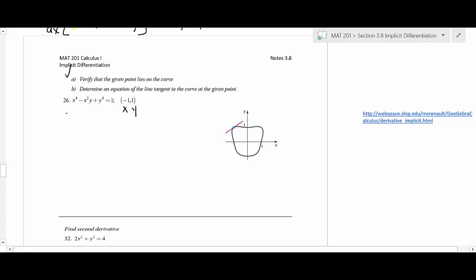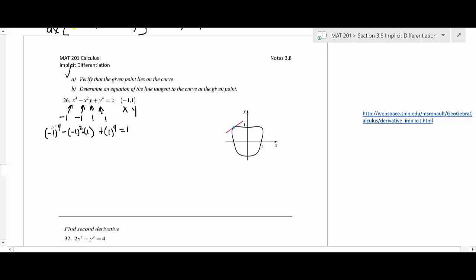So we're going to just replace everywhere we see an x, we're going to put in a -1. And then we'll just see if the arithmetic checks on this. So we're going to have like -1 to the 4th minus -1 to the 2nd times 1 plus 1 to the 4th equals 1. Okay, let's see if that works out. Let's see.